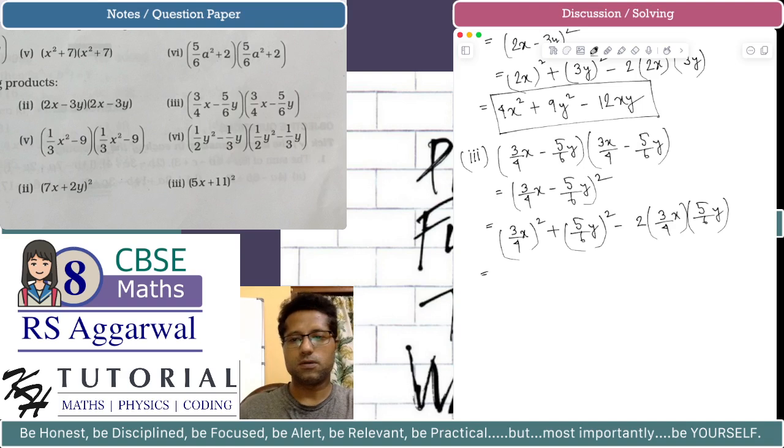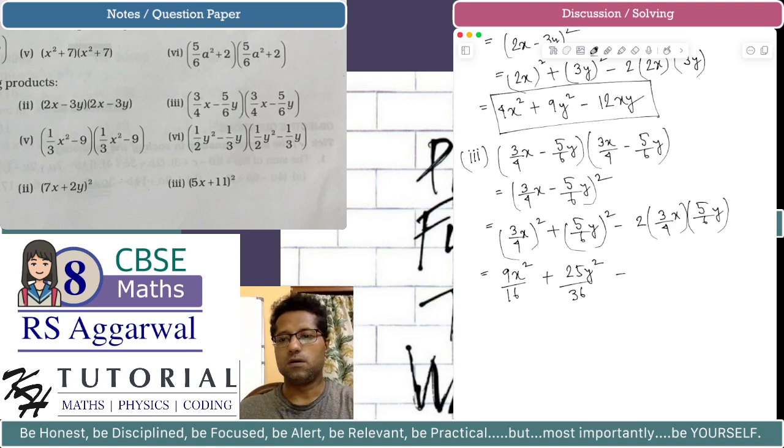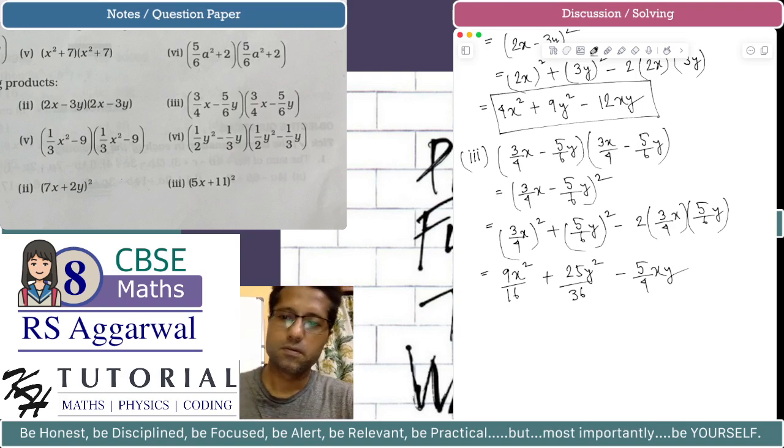So this becomes 9x square by 16 plus 25y square by 36 minus 2 into 3 by 4 into 5 by 6, which is 5 by 4 xy. This is the result.